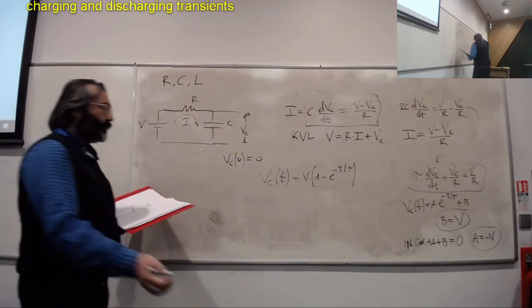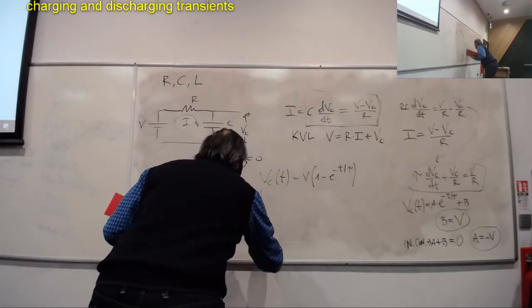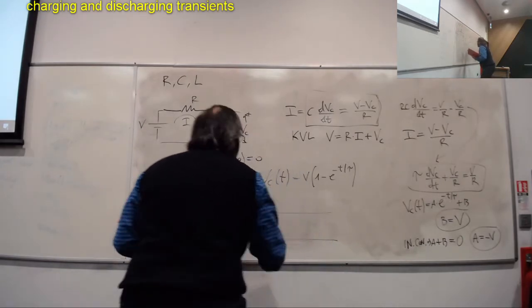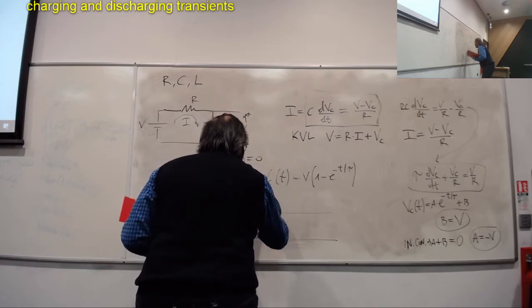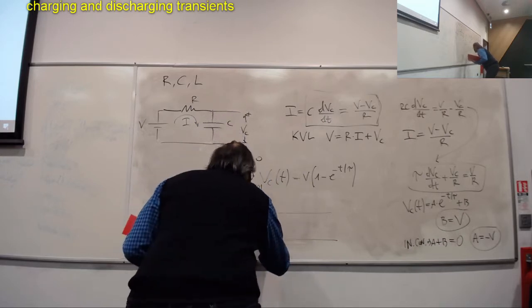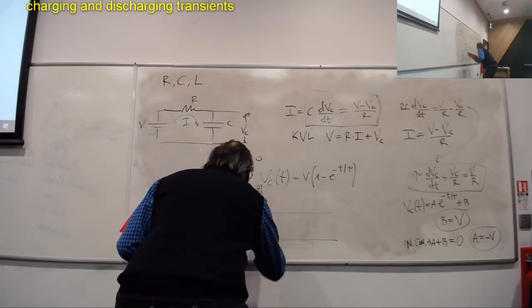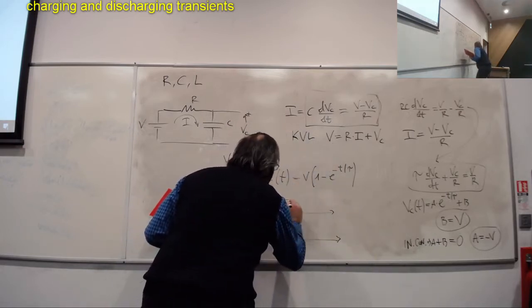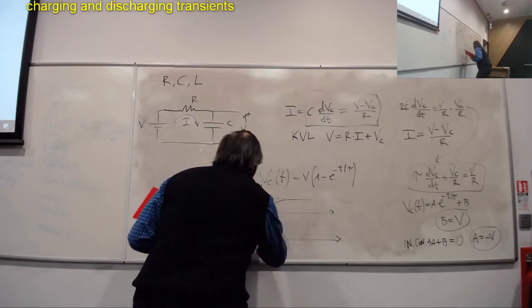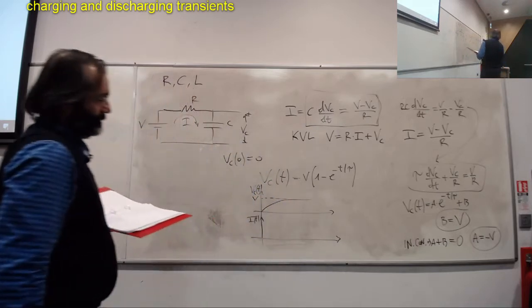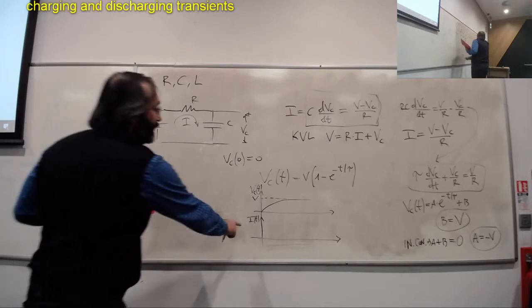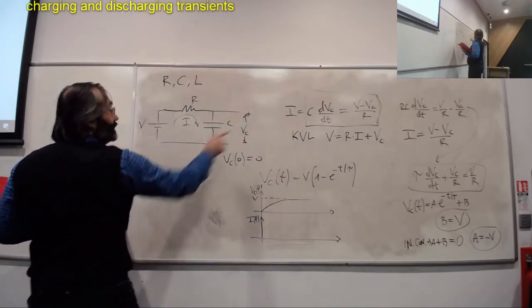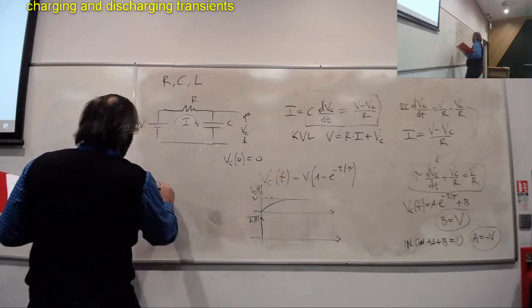And what this is showing us, and I will conclude there, is that if this is VC, and here I plot now the current, this is time, VC goes like that. Is charging.